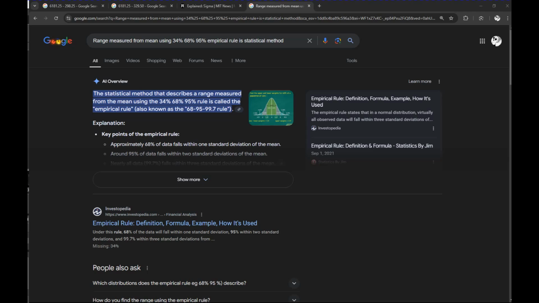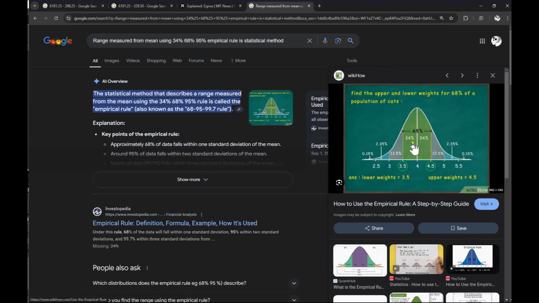When you take half of that 68% and put it around the mean, you get two 34s. So when you measure out from the mean going forward, it's 34%, 68%, 95%, going from the mean to 3.